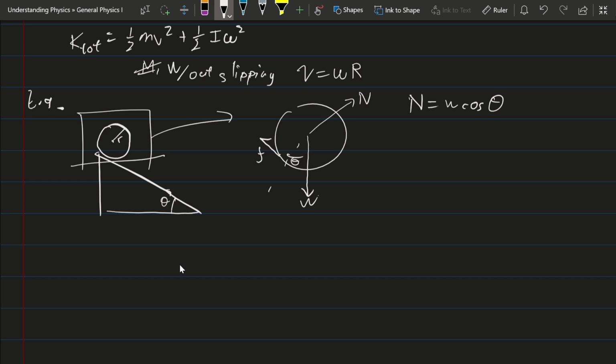Second of all, we would know that the weight minus the friction would be m times a. So basically the center of mass will be moving with this certain acceleration defined here.